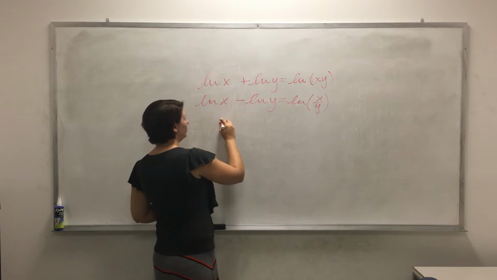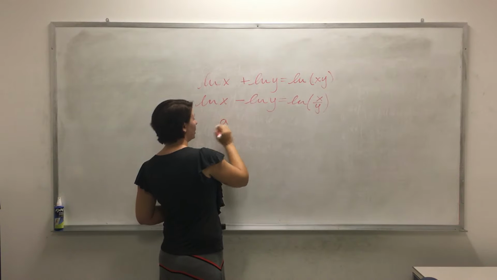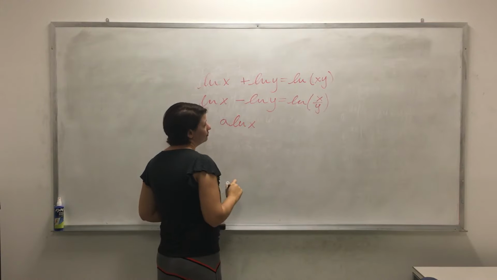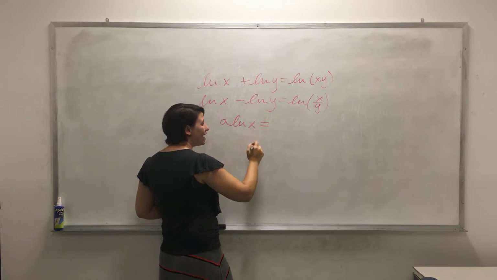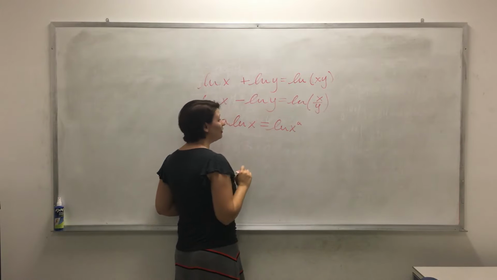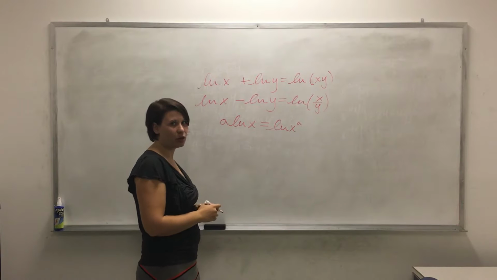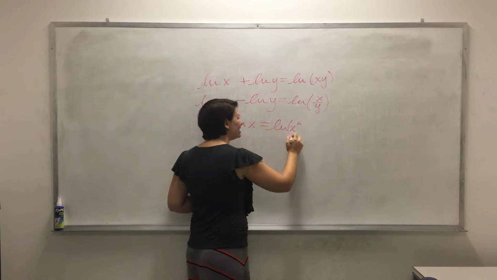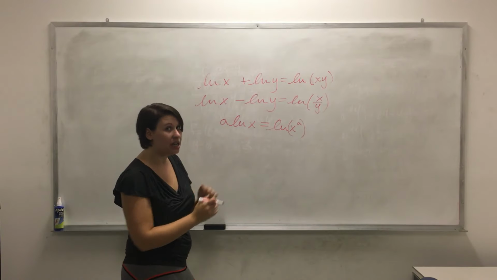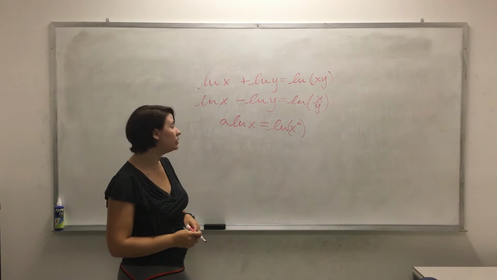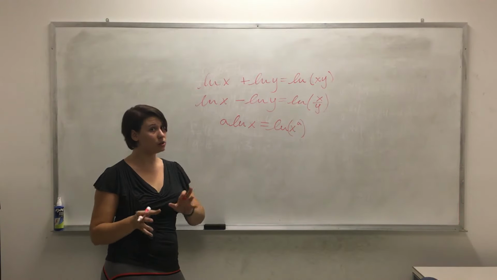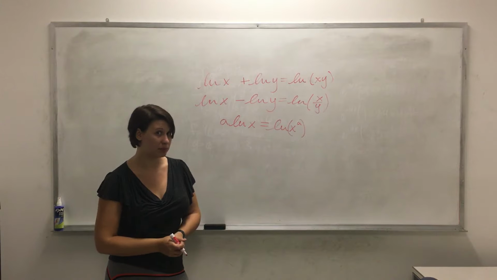If we have a coefficient a on a natural log of x, we can rewrite this as the natural log of x to the power a. So that a is on the x, the natural log of the quantity x to the a. Those are our 3 rules. If anyone has any questions on those, please ask now to the substitute.